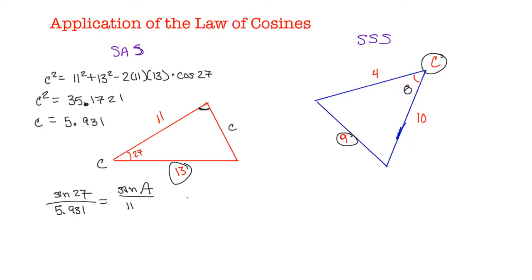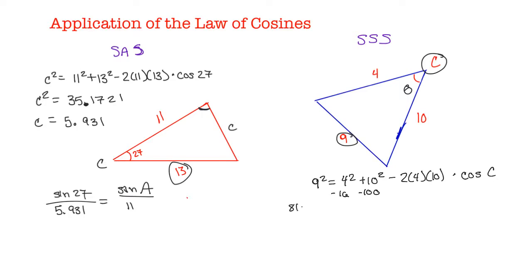All right, now in the case where we're given side, side, side, we would just do 9 squared is equal to 4 squared plus 10 squared minus 2 times 4 times 10 times cosine of C, and then we would solve for cosine of C. So I would subtract 16 and 100.